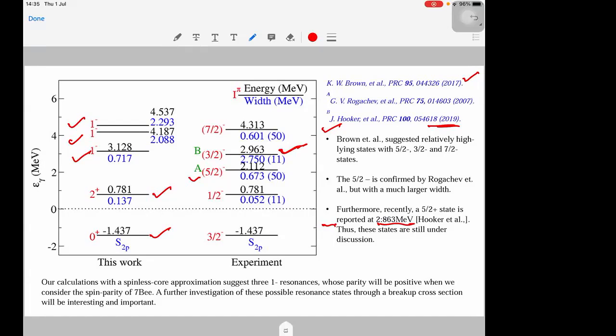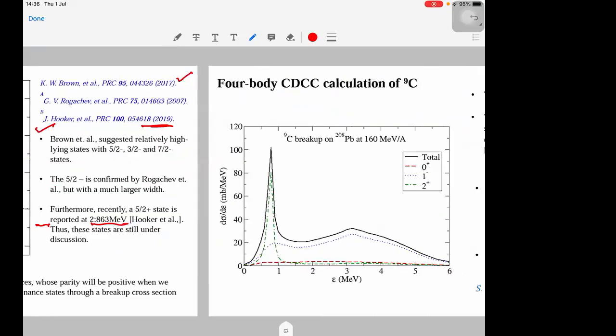Now, once we fix the structure of 9 carbon, we would like to see the role of these low-lying resonances in the breakup observables.